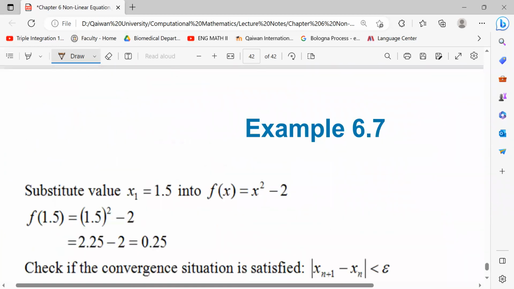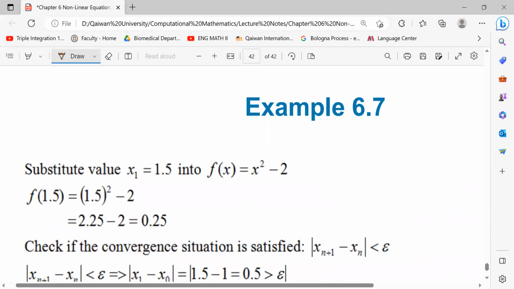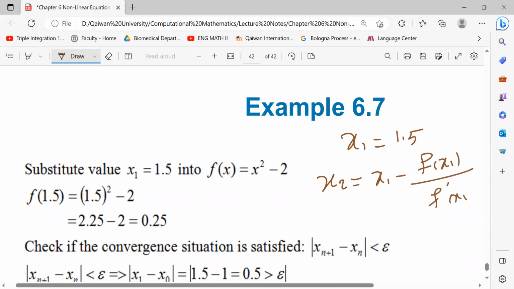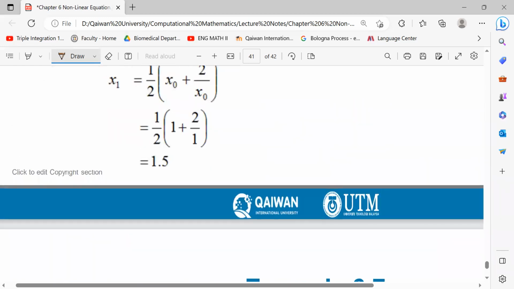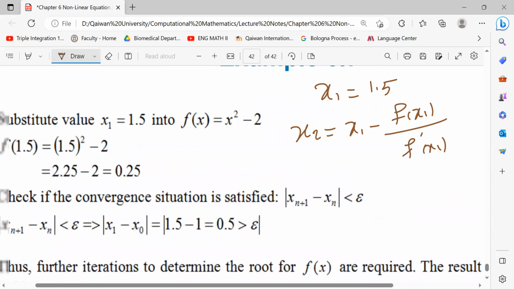The first x, x1, is 1.5. To get x2, we say it is x1 minus f of x1 divided by f prime of x1. Plug it into this formula, and you get the value for x2.